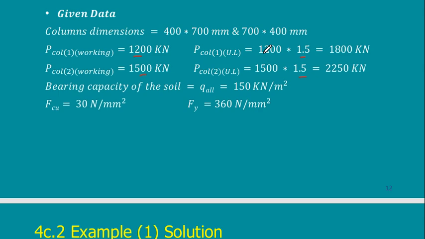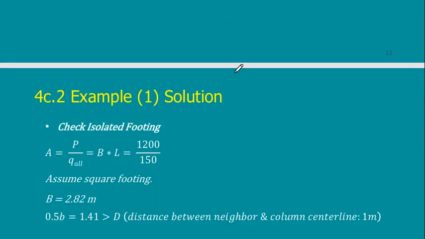You will get 2/3 of the amount. It's unsafe. The opposite, if you use the ultimate to get the area, it means that you are increasing 50% of the load. So you have to concentrate. Bearing capacity of the soil, and this is the FCU of concrete and F yield of steel.